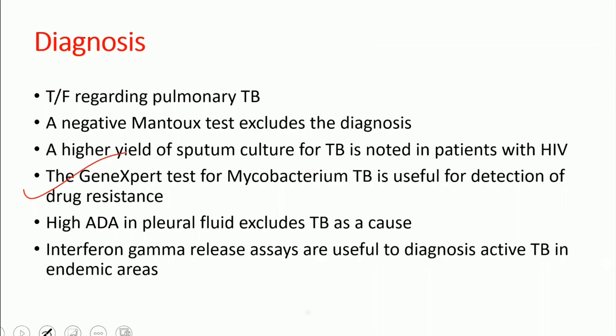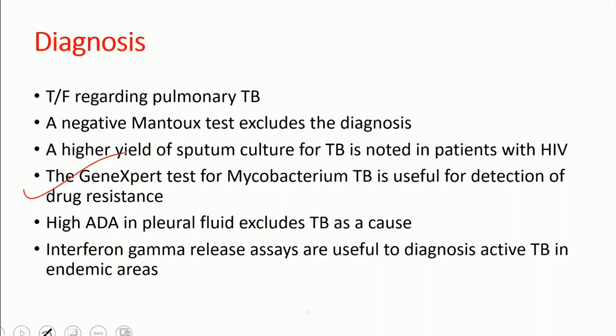So this statistic is important: if you have a pleural effusion which is exudate and lymphocytic, so an exudative lymphocytic pleural effusion with high ADA has almost 95% sensitivity and specificity for pleural TB. So the combination of a lymphocytic exudative effusion and a high ADA has almost 95% sensitivity and specificity for TB diagnosis.